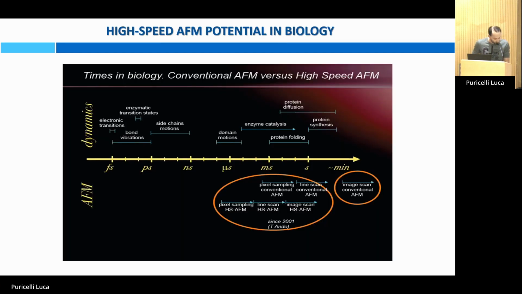This is a nice slide. I don't know if it's clearly visible, I think yes, which shows what AFM can do in biology. You can see that conventional image-scan AFM are on the time scale of minutes or tens of minutes, whereas with high-speed AFM we can reach the world of milliseconds, and if you reduce the spot to analyze, also microseconds.